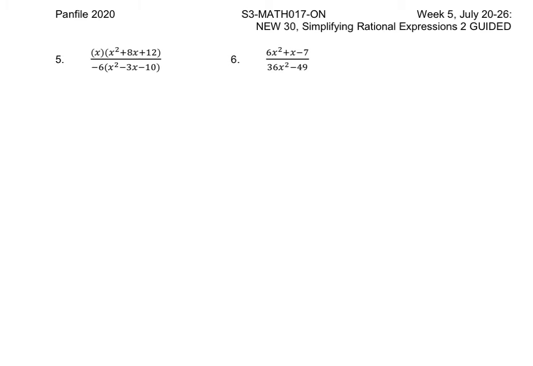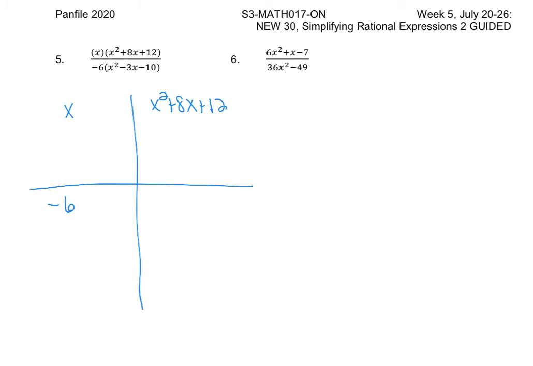So the 4 pieces are the x, the x squared plus 8x plus 12, the negative 6, and the x squared minus 3x minus 10. Now the x is done, the negative 6 is done, but the right 2 have to be factored.